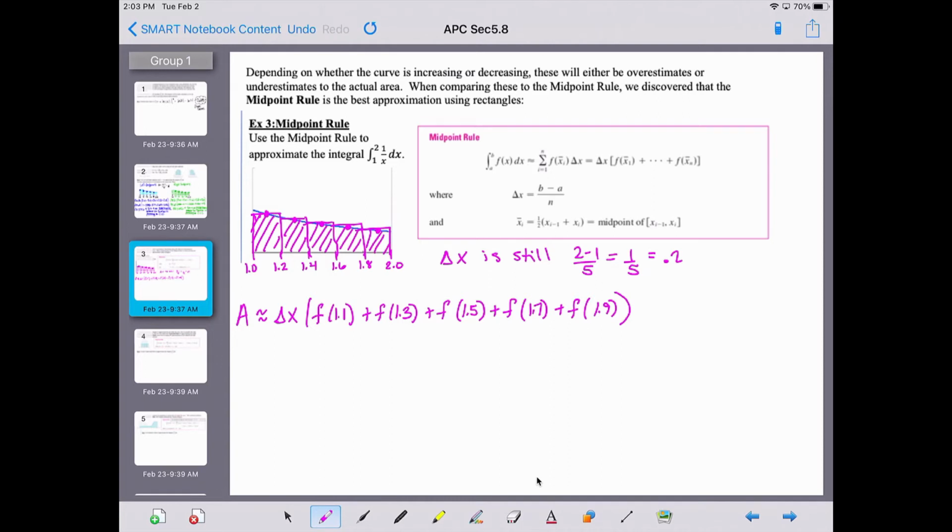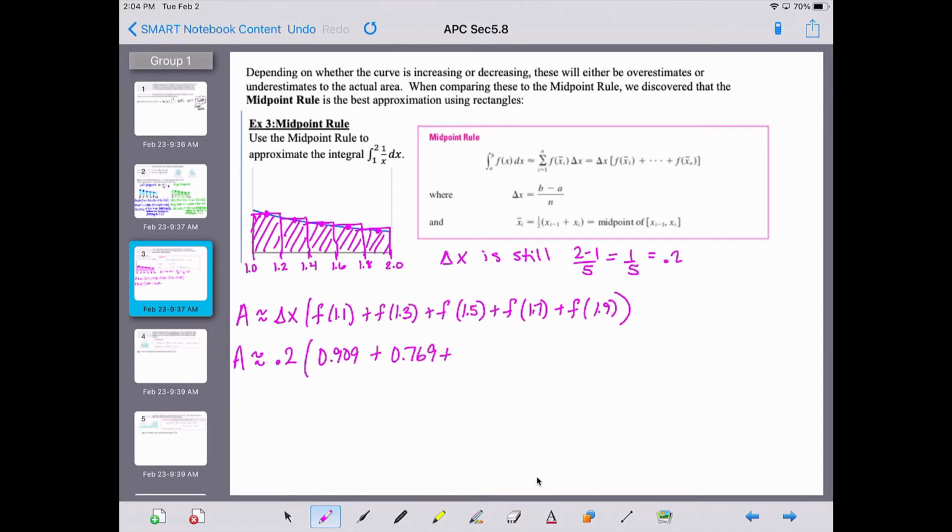And so when I figure out what these values are, again, just plugging these x values into 1 over x. So 1 divided by 1.1, 1 divided by 1.3, 1 divided by 1.5, and so on, I get the following values. 0.2 is my delta x. F of 1.1 is 0.909. F of 1.3 is 0.769.